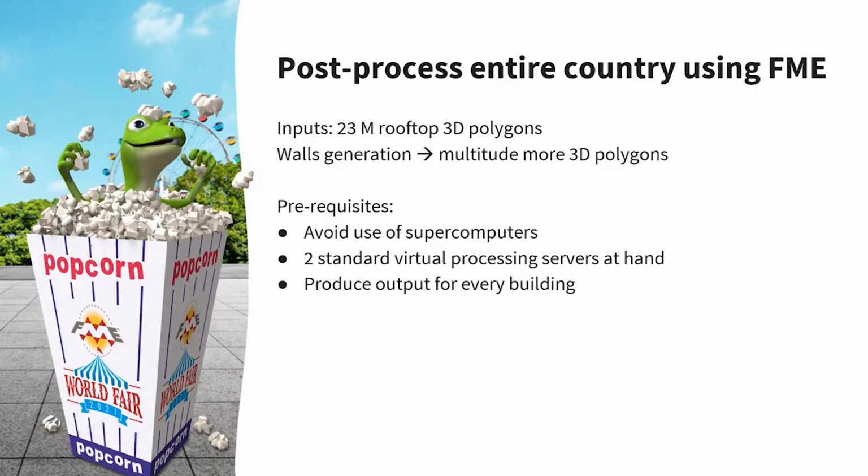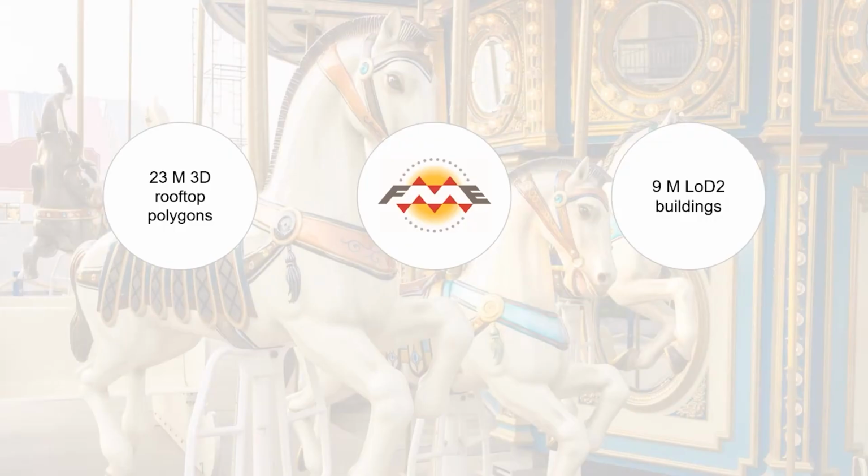And also, we wanted to make sure that we could produce an output for each single building in Belgium, since we did not want to lose any buildings along the way. So to summarize, this means that from 23 million 3D rooftop polygons, we use FME to create 9 million LOD2 building shapes.